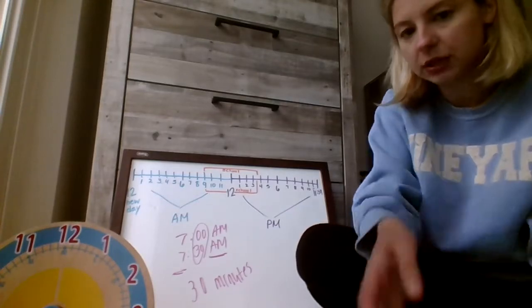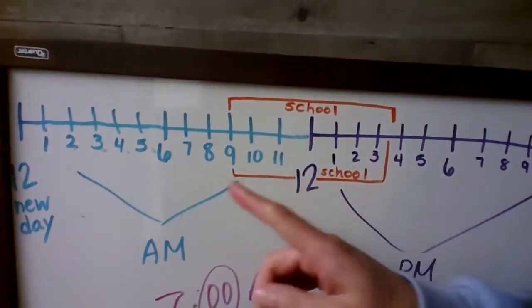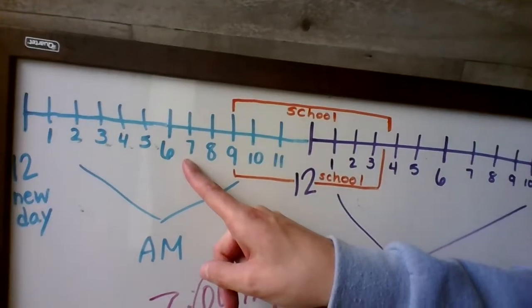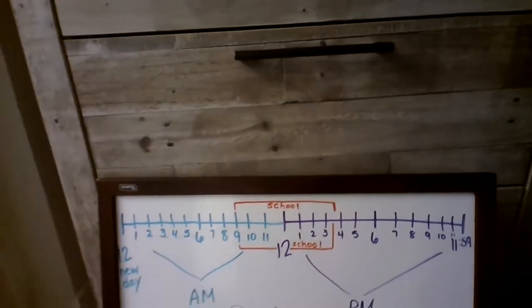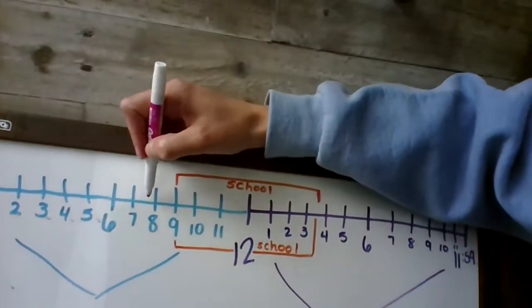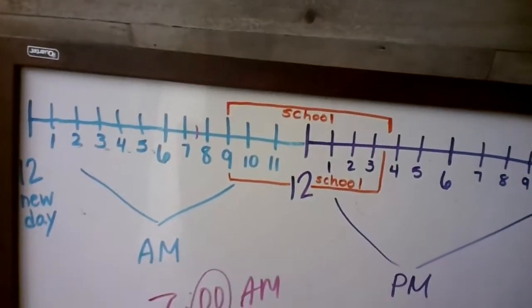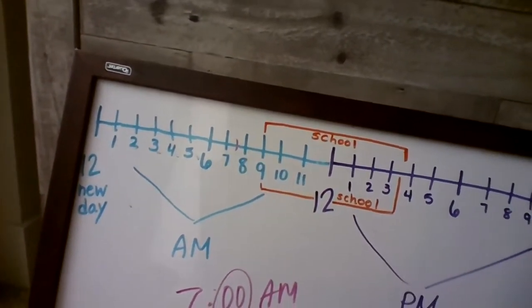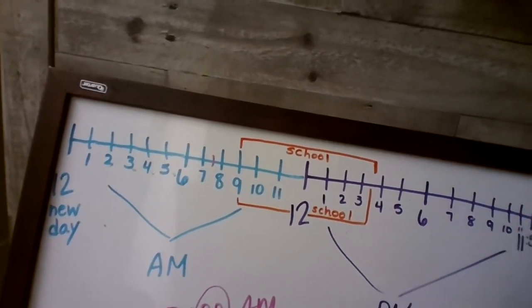Okay? And if we use our number line of AM and PM, here is AM, here's 7 o'clock, and 7:30. I'm going to use the pink pen. 7:30 is in the middle of the 7 and the 8 right here, because 30 minutes is half of the hour before it turns the next hour.